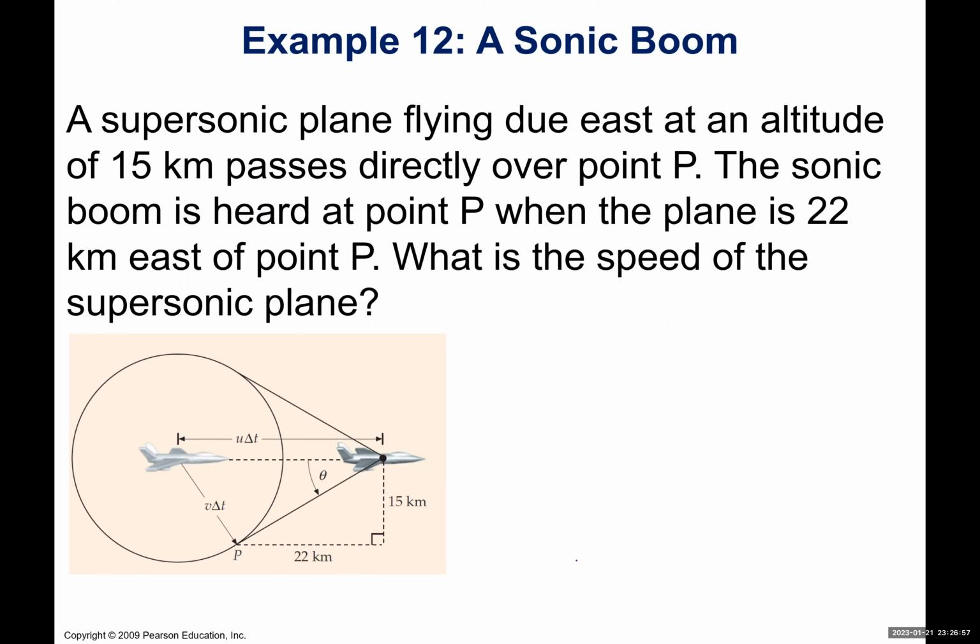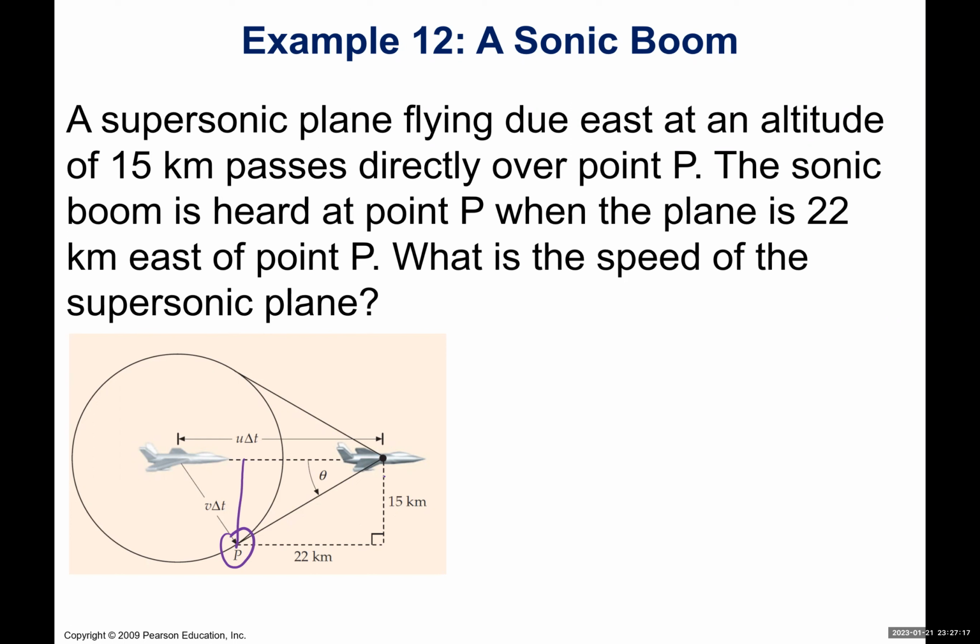All right, so as you can see, we are given some geometrical numbers that we can use to construct the right triangle. Relative to this point P, we have a 15 kilometer height.